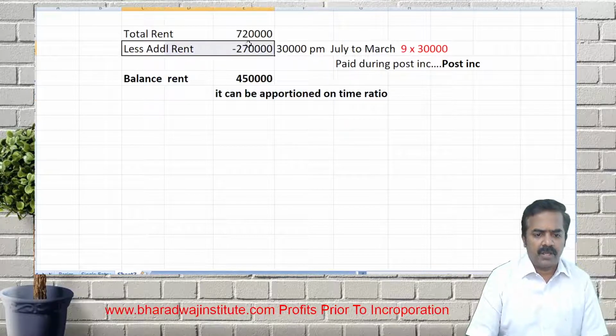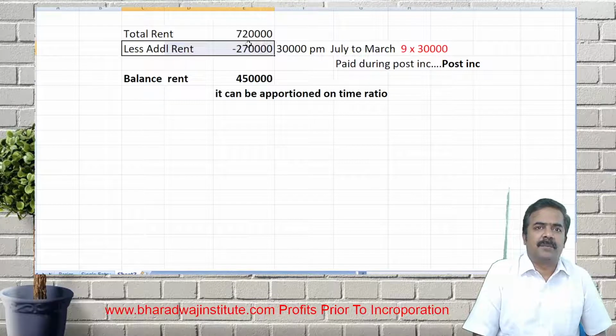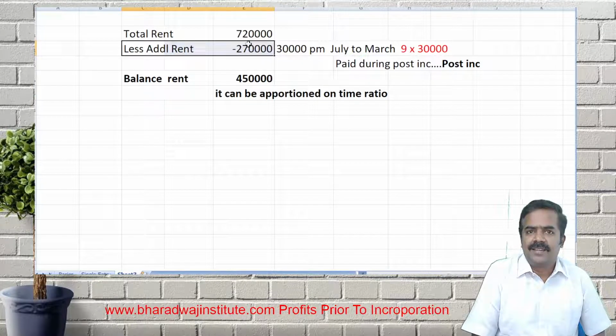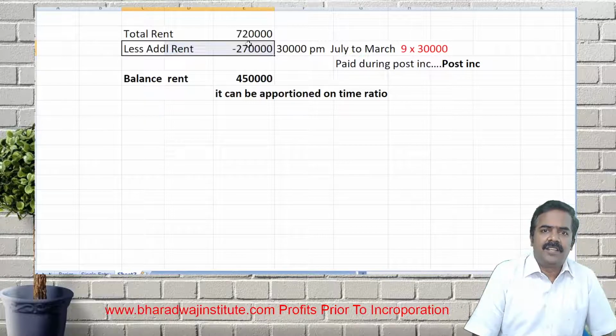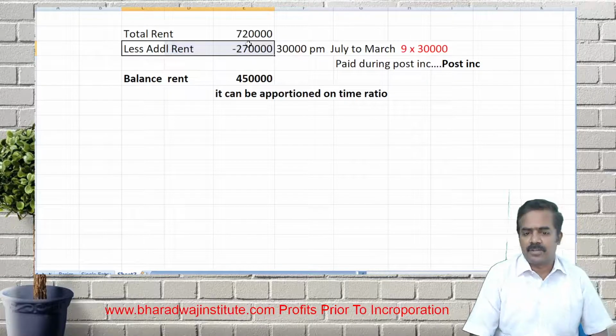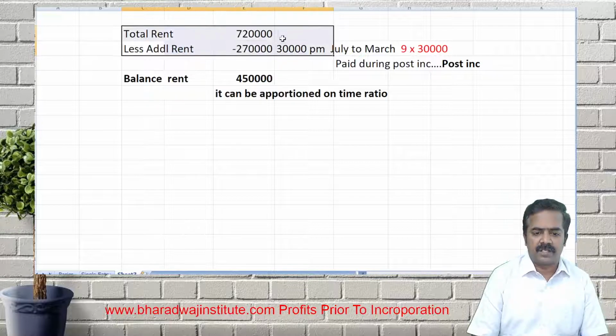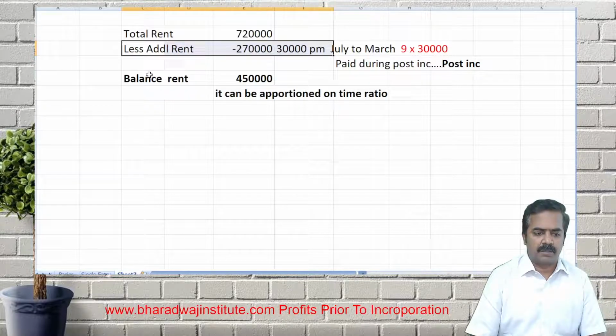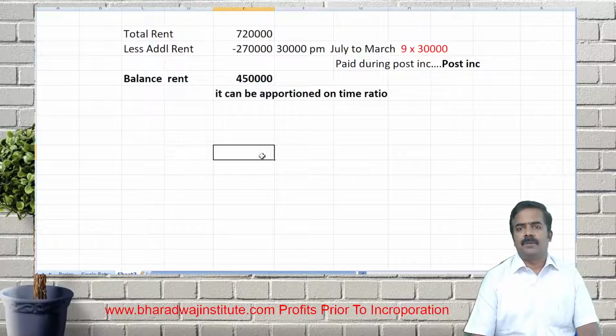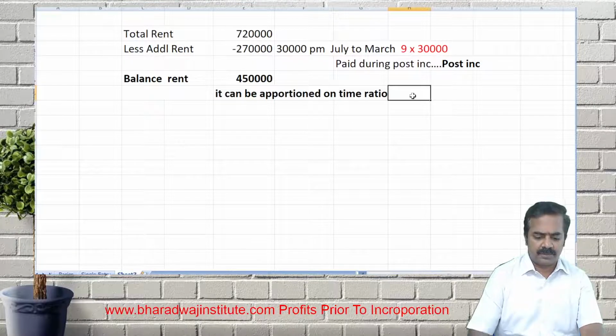Only from July you hired the additional space. For that, what is the rent paid? 2,70,000. That additional space rent comes in which period? Post incorporation period. So this will be charged exclusively for which period? Post incorporation period. Remaining rent can be apportioned on time ratio. What is the time ratio? 1:4.